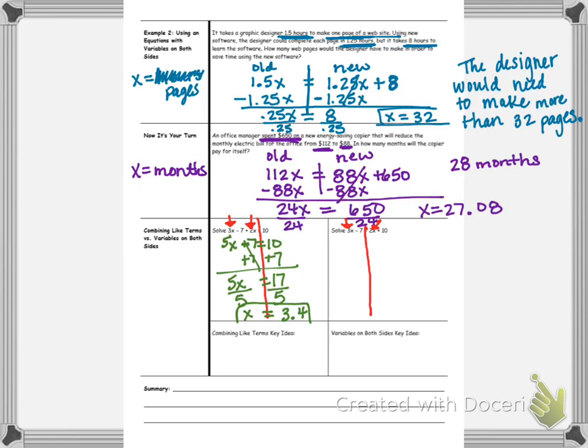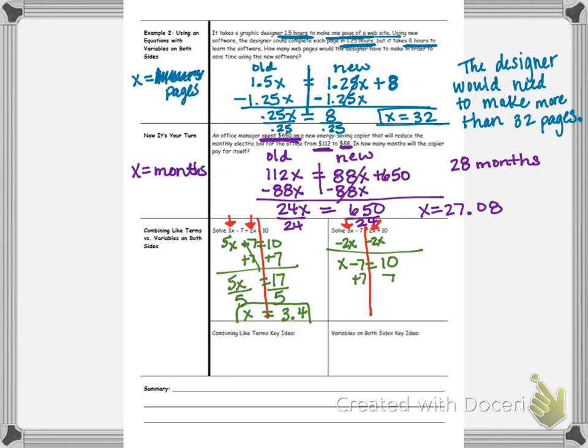I can't just combine them. So I can't just go and say, hey, I'm going to add them together and see how many I have in total. I have to do the opposite operation because they are on opposite sides of the equal sign. So I'm going to move the 2x over because it's easier for me. That gives me 1x minus 7 equals 10.